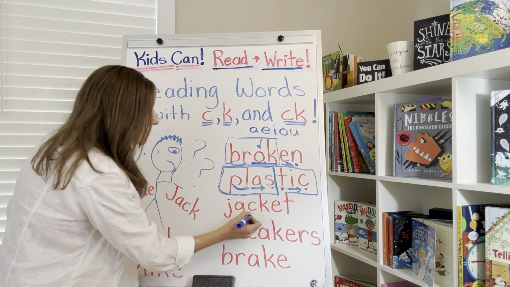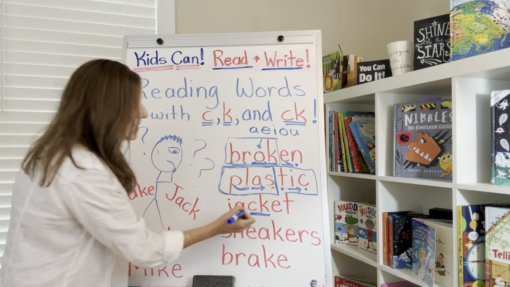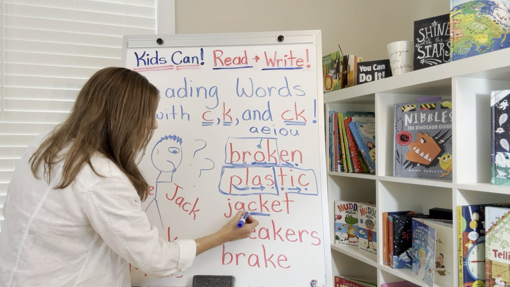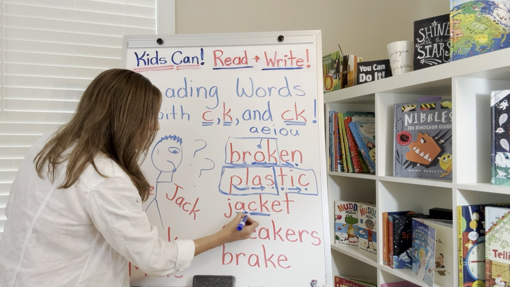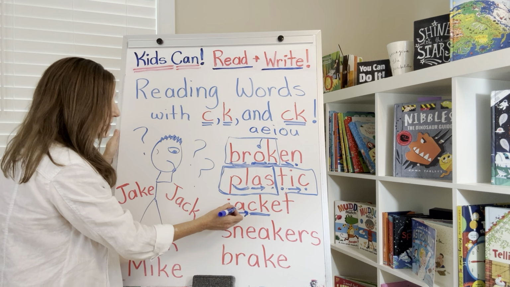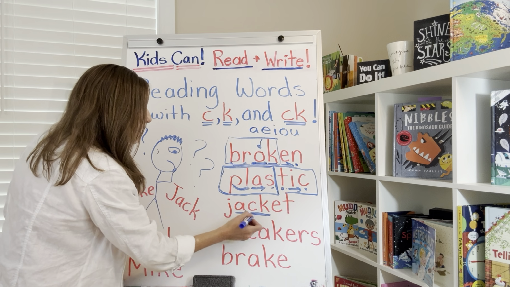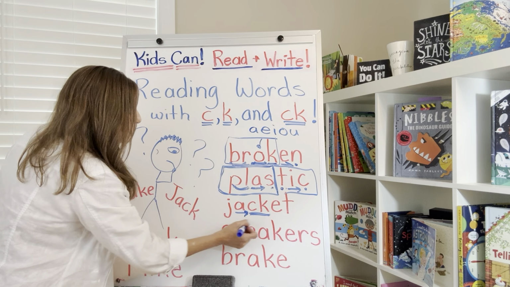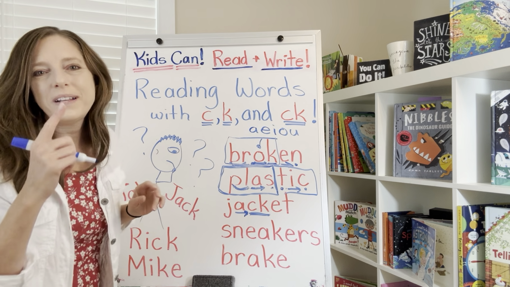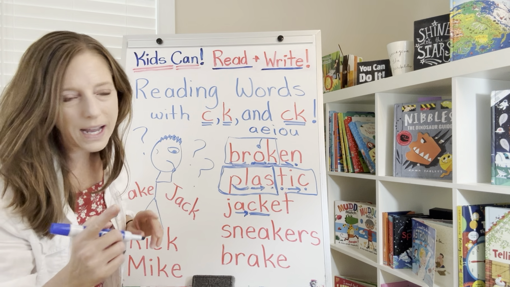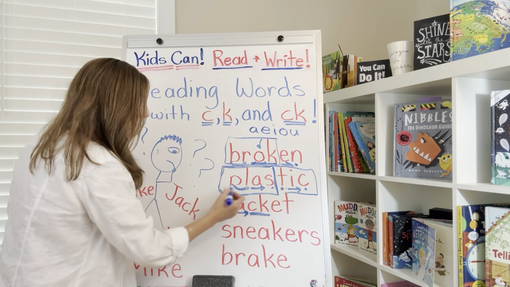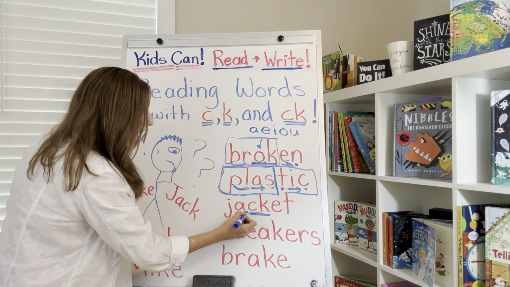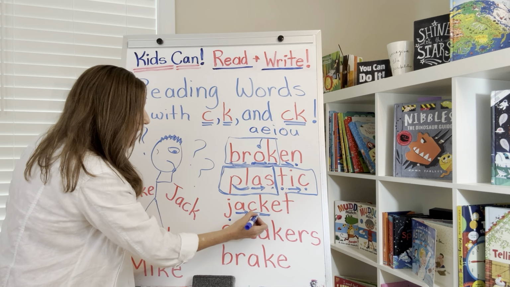All right, let's talk about this one. Why do we have CK here? Do you remember? Well, remember, we always use the C after a short vowel sound. So we know this should be short. We use C pushing that bully K away when it's in the first syllable or if it's a one-syllable word, okay? This happens to be in the first syllable. So we're going to read it. Jack.